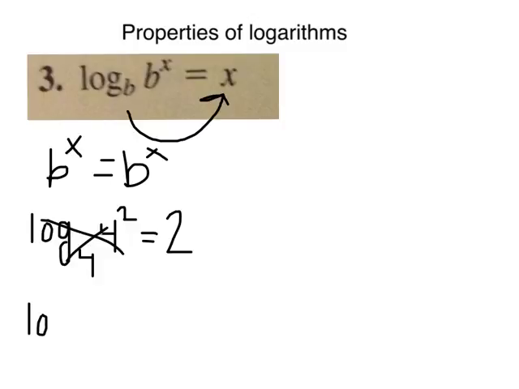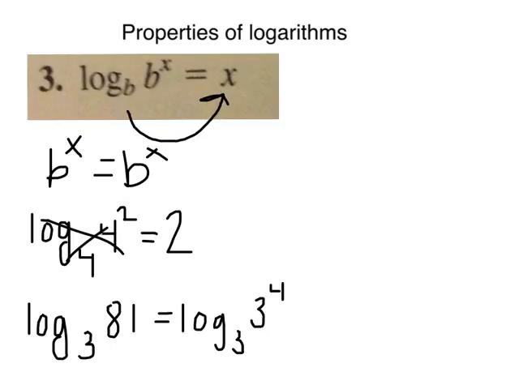If I have log base 3 of 81. Now we can rewrite log base 3 of 81 as log base 3 of 3 to the 4th power, because 81 can be written as a base of 3. So log base 3 of 3 to the 4th power would equal 4.